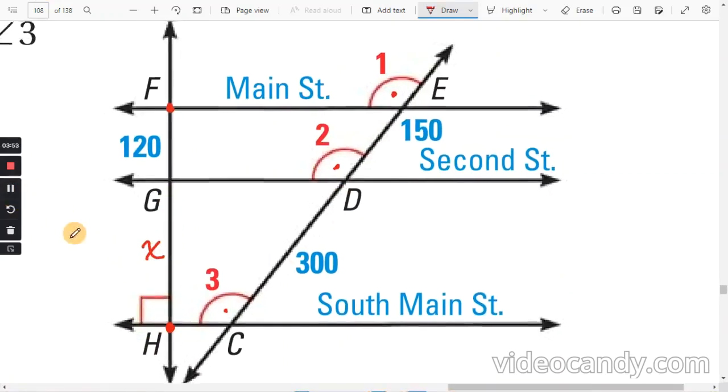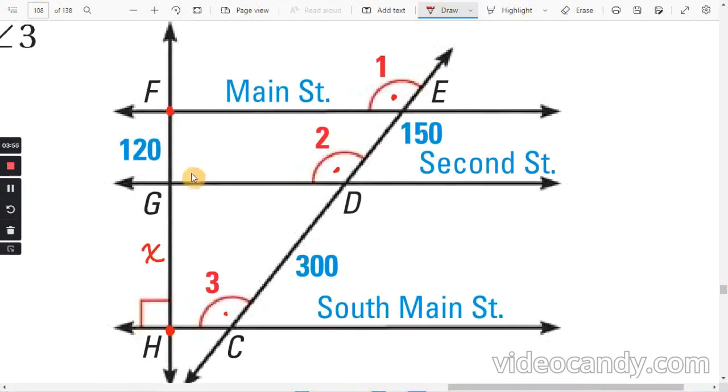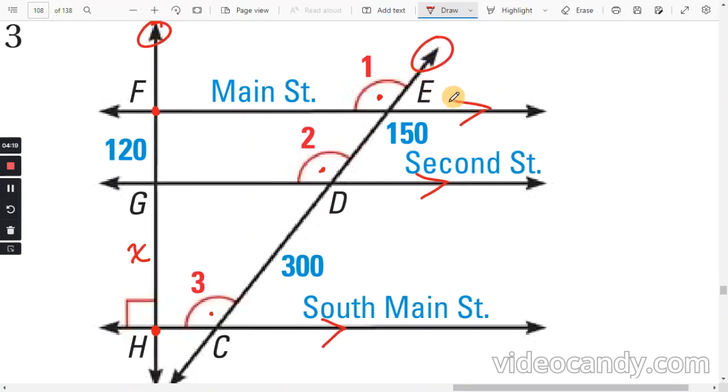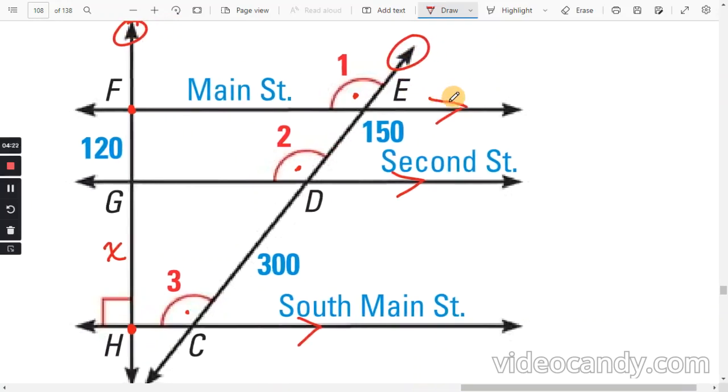Now, they made a little mistake in this problem. They were supposed to tell us that these streets are all parallel. So this street on the bottom is parallel to this street, and the middle is parallel to that street on the top. They should have mentioned that. And since these are all parallel, that means it cuts this line and this line proportionally. So we can just write a proportion with two fractions.